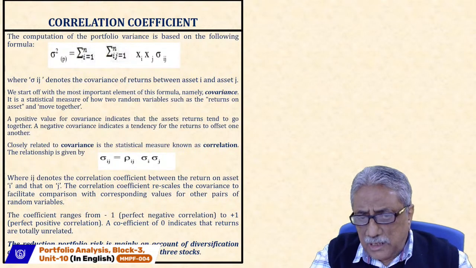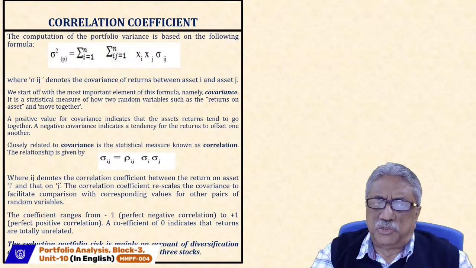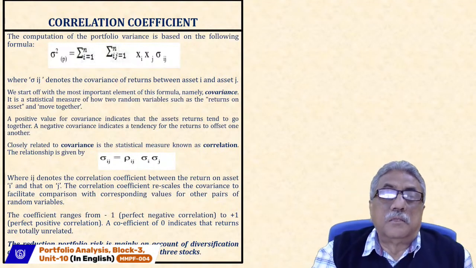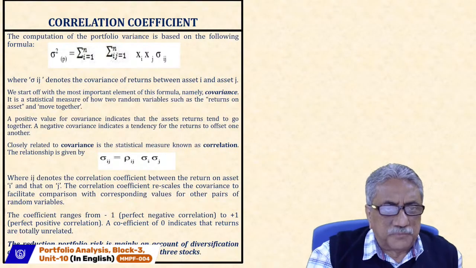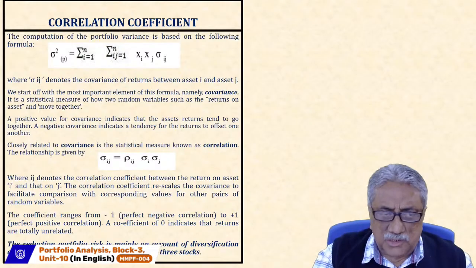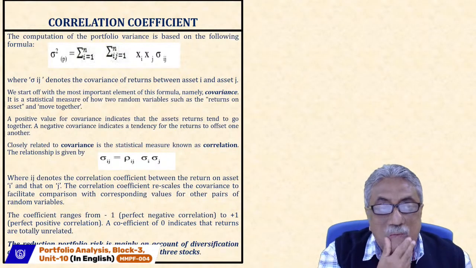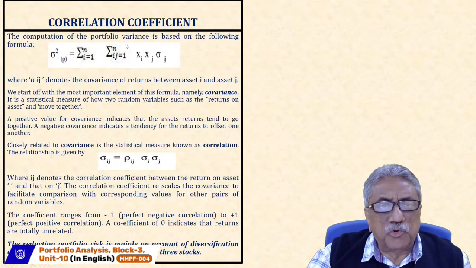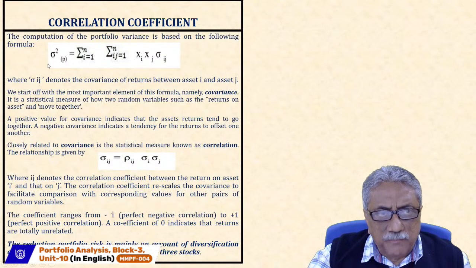Now here I will go for the correlation coefficient. We will just know the formula. In your study material you will get the detailed worked problems. Try to understand the basics. That's most important as an investor. The computation of portfolio variance is based on the following formula. This is the formula.